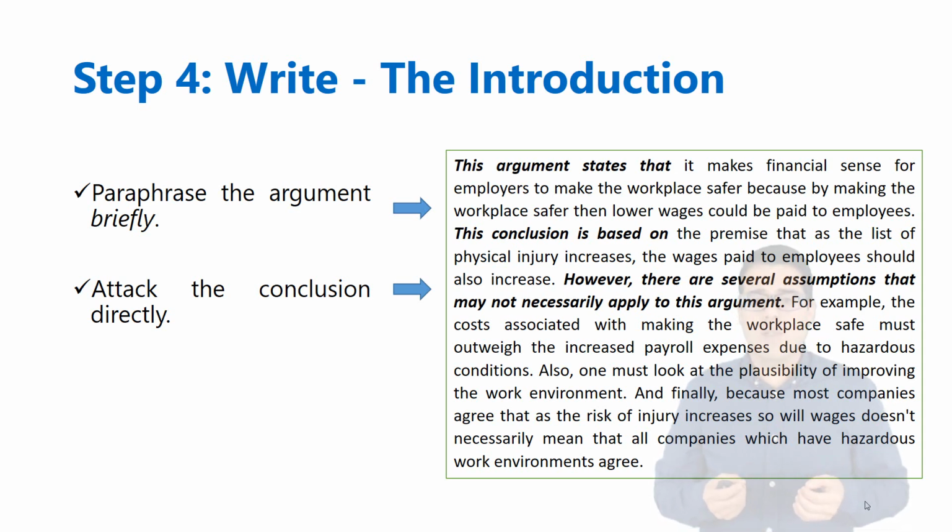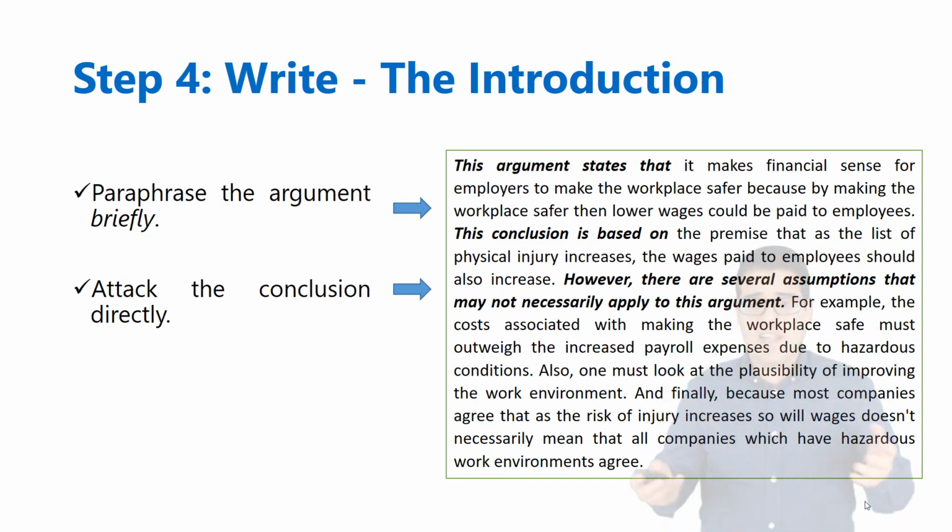Also, one must look at the plausibility of improving the work environment. And finally, because most companies agree that as the risk of injury increases, so will wages, doesn't necessarily mean that all companies which have hazardous work environments agree. So notice that in this introduction, the student is paraphrasing the conclusion, the premise that leads to the conclusion, and then he provides the attack.